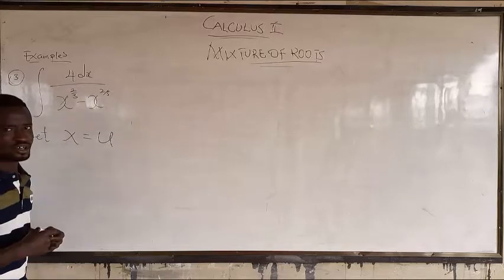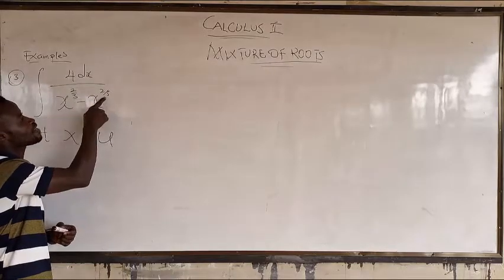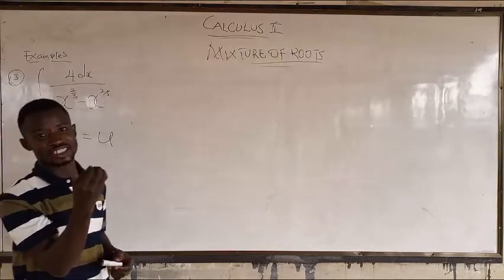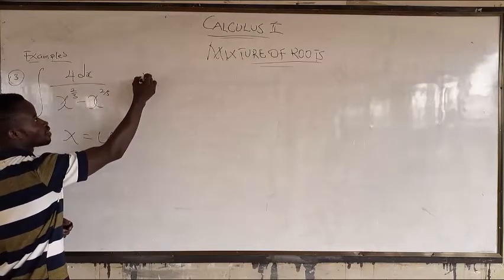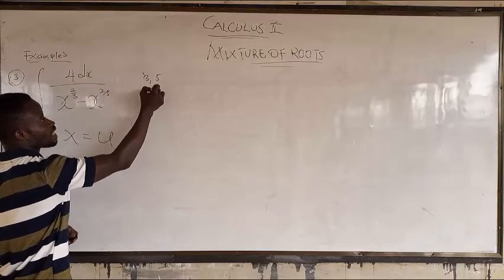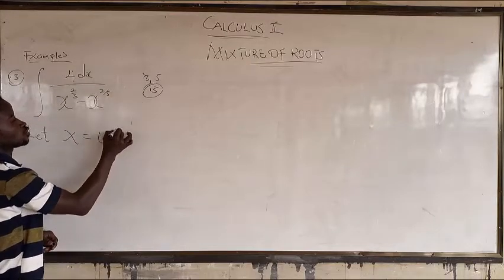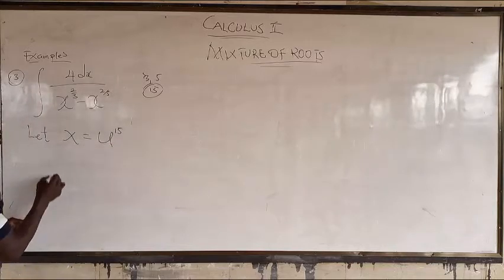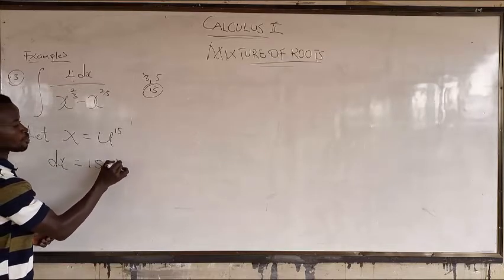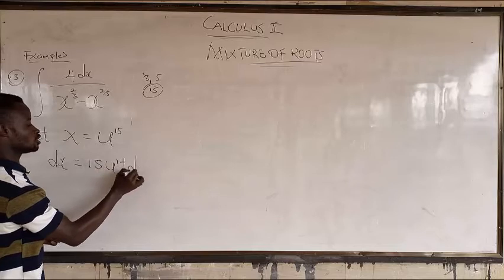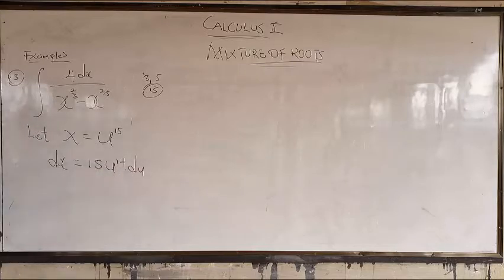Now, what is the LCM of 3 and 5? That is the one on the denominator. The LCM of 3 and 5, that is 15. So we end up getting dx equal to 15 u raised to the power 14 du.